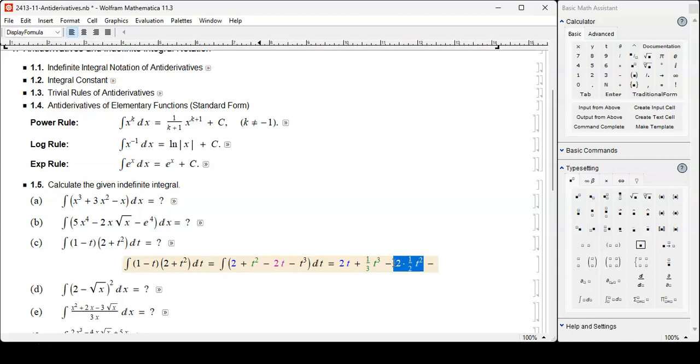Of course, you can simplify it into just t squared because 2 times 1/2 will cancel each other out. And finally, this one here, 1/4 t to the 4th power, and then plus c pops up.